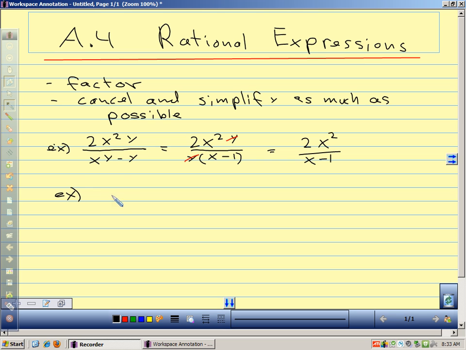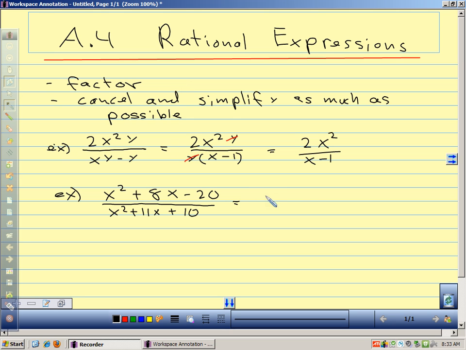x squared plus 8x minus 20 divided by x squared plus 11x plus 10. And we want to simplify that. So when we see these quadratics, the first thing you should think of when we're working with rational expressions is factor, and maybe we can cancel something.